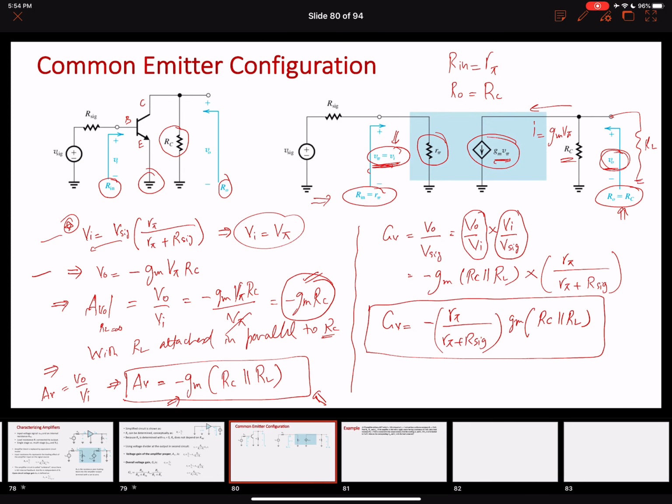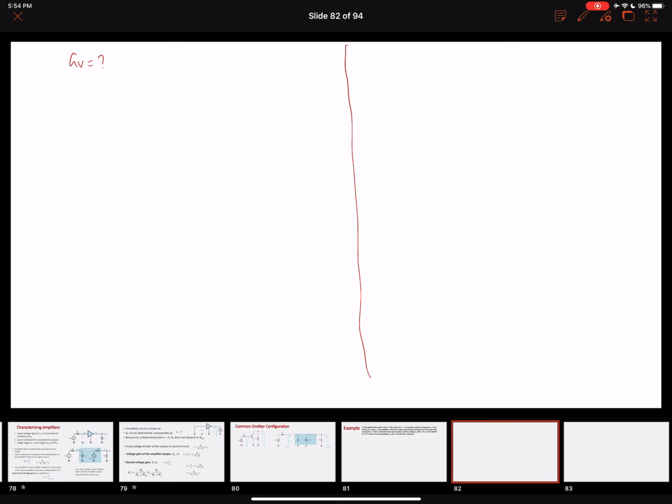Here now I'm going to use this formula: minus R pi over R pi plus R sig, times GM RC in parallel with RL. So overall voltage gain equals minus R pi over R pi plus R sig multiplied by GM RC in parallel with RL.